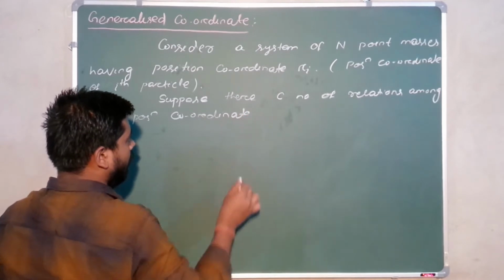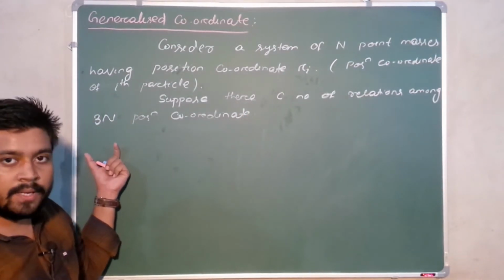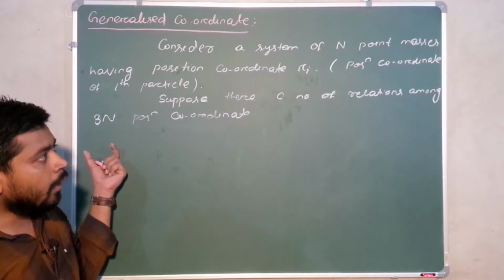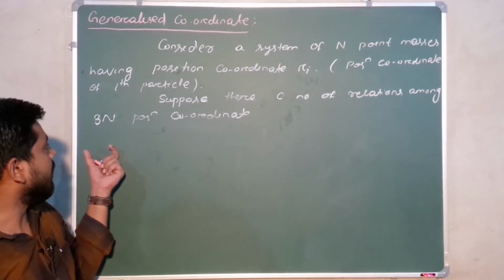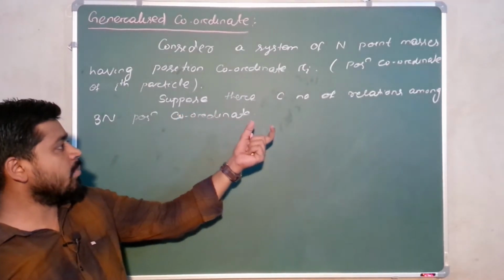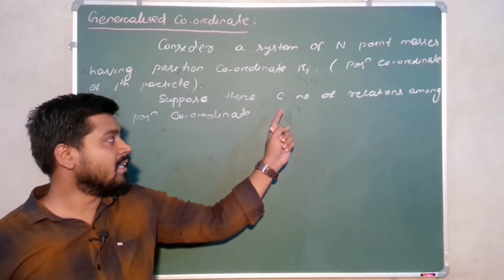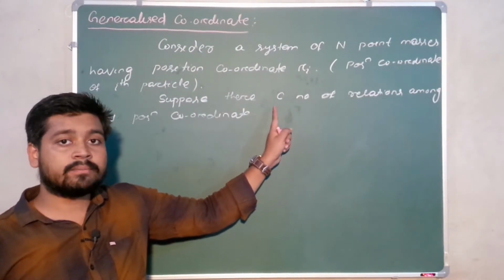Okay, why write 3n here? We all know in configuration space the n point masses have dimension 3n. Yes or no? So here I write: suppose there are C number of relations among the 3n position coordinates. C refers here to the constraint.